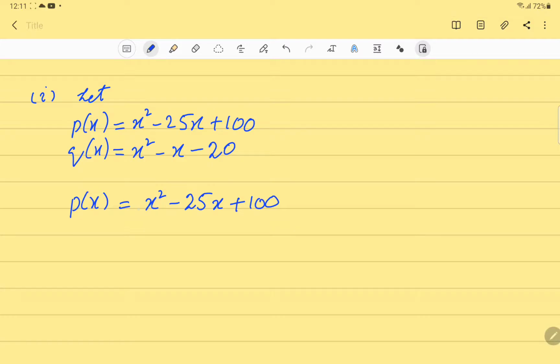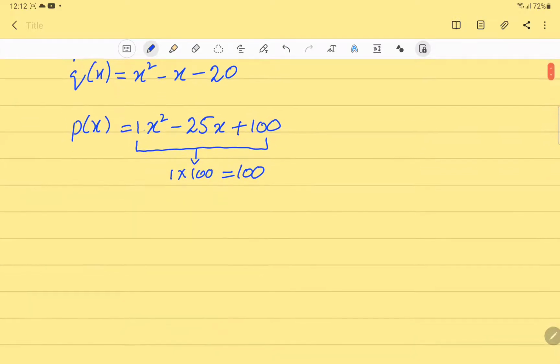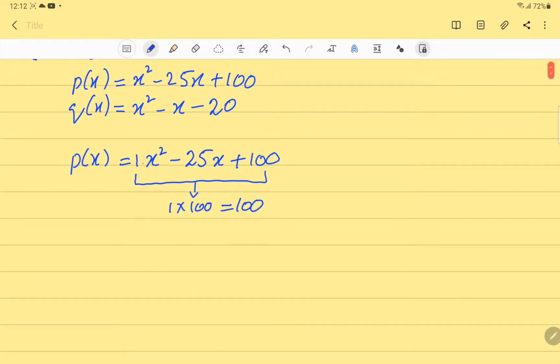Since x squared has no coefficient, its coefficient is 1, and we multiply it with 100. So 1 into 100 is equal to 100. Now we will write all the possible pairs of factors that when multiplied give us 100, and when added or subtracted give us minus 25.